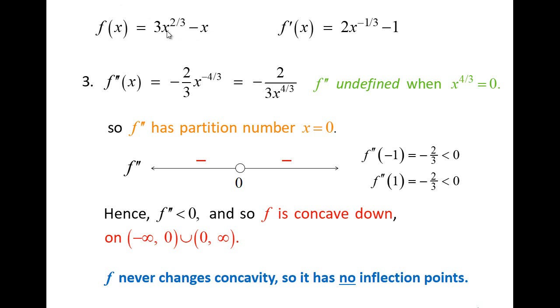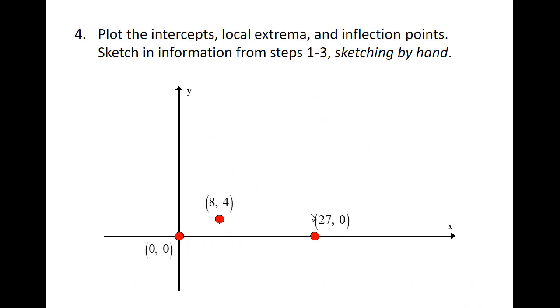On the other hand, when x goes to infinity, again, this is the dominant term, so I'm going to ignore this one. When x goes to positive infinity, f of x goes to negative infinity. So we know that it is going to go down forever here, and it's going to go upward forever as x goes to negative infinity.